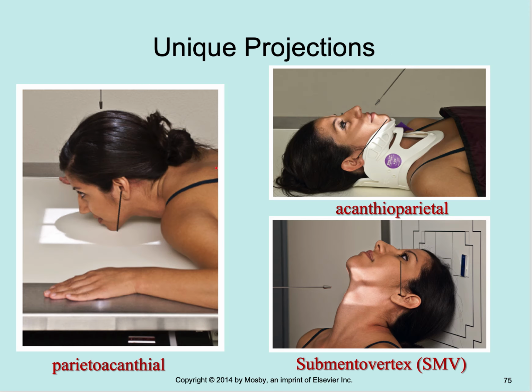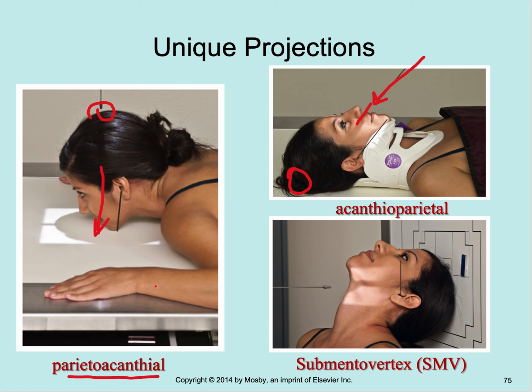So some unique projections that we have: parieto-acanthial. So we are entering the parietal aspect, and then we are exiting with our central ray towards the acanthial portion. This one here, we have an axial projection because we've got that angle, but it's entering the acanthial portion and exiting at the parietal. So acanthial parietal projection, opposite of this parietal up here, exiting the acanthial.